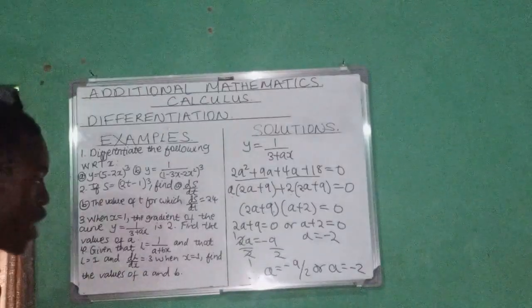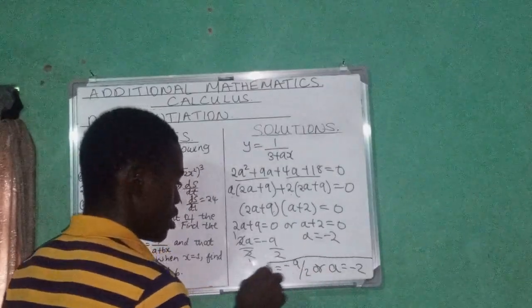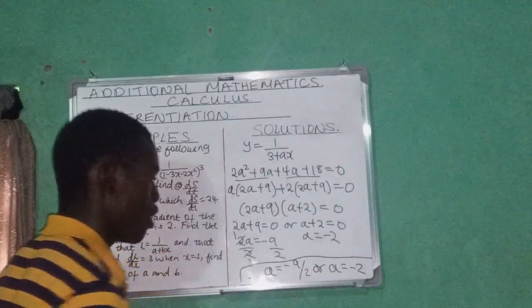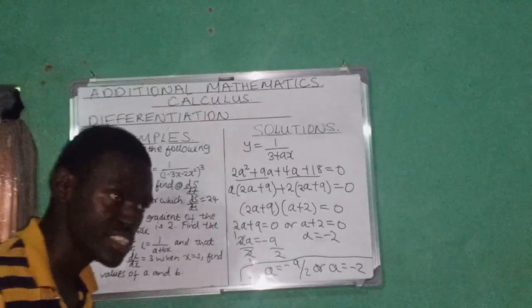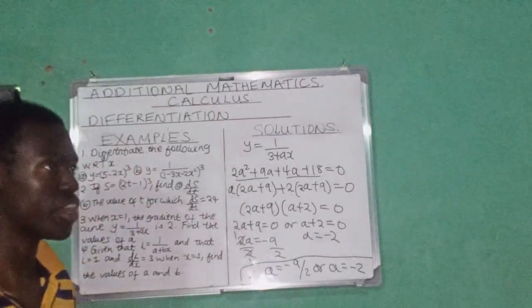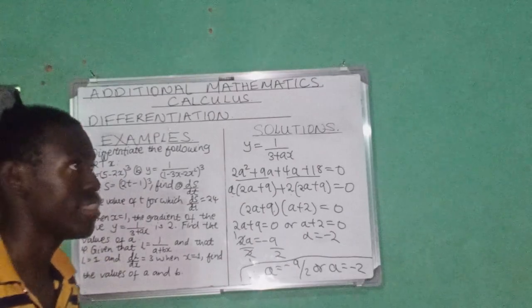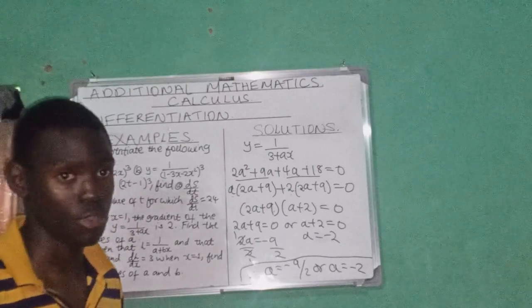So that would be your final answer for this particular question. Negative 9 over 2, or a is equal to negative 2. So we have solved this by factorization, and that is factorization by grouping.